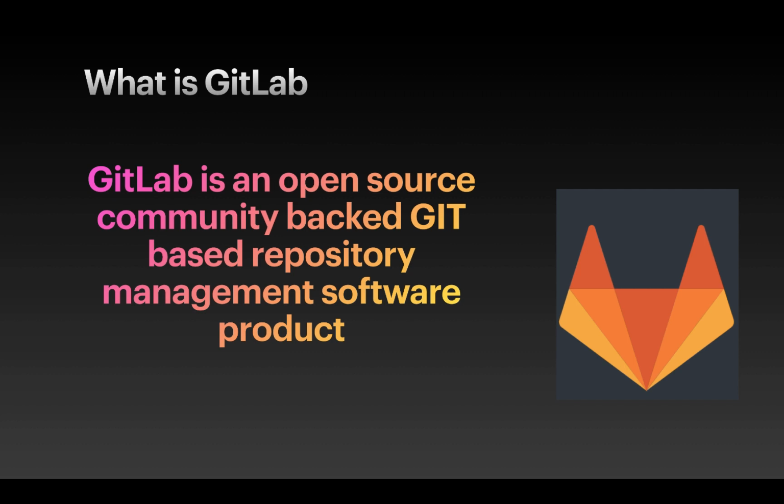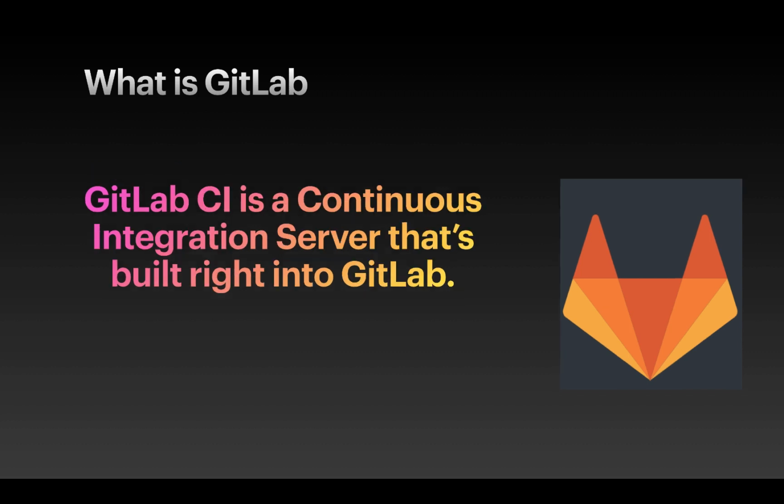GitLab also supports that. Now, the second point is GitLab CI, which is a continuous integration server that's built right into GitLab. In addition to hosting your code, the GitLab service also provides an additional feature that helps you in managing your software development lifecycle. This is the main feature which makes GitLab stand out from all other source code management products.